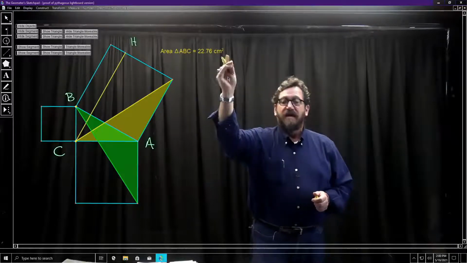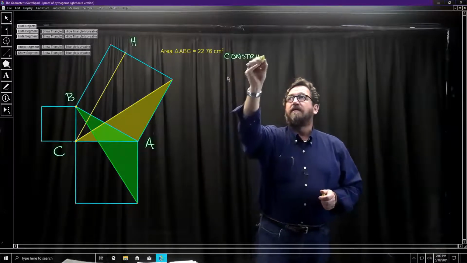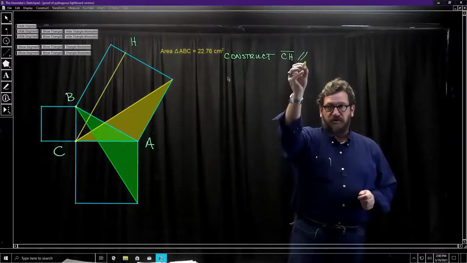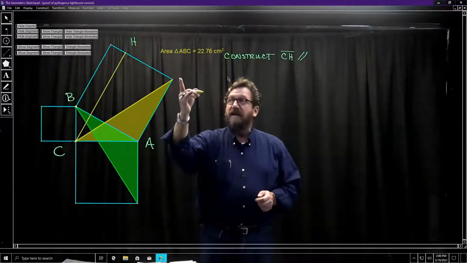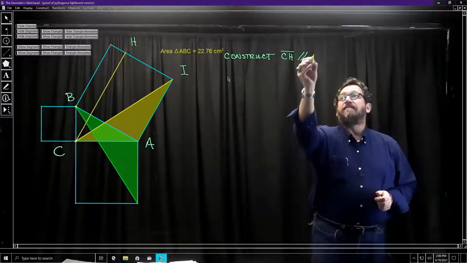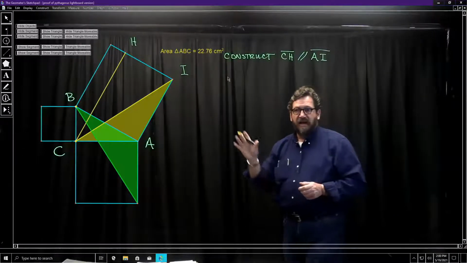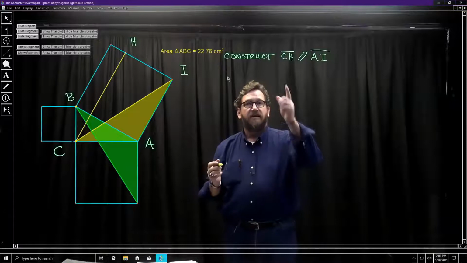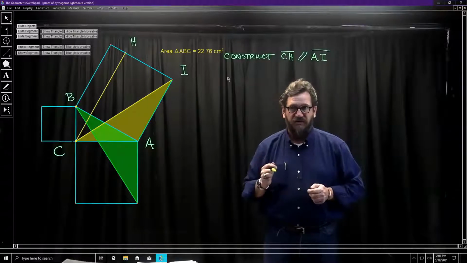So first off, in step 1, we're going to construct C to H parallel to, and I need to name another point, so I'm going to name this one right here, and I will name it I. So AI, and I constructed parallel, and I know that I've constructed squares on the sides, would be the first thing I would point out. So I've got this construction, so now I can talk about these triangles in a certain way.